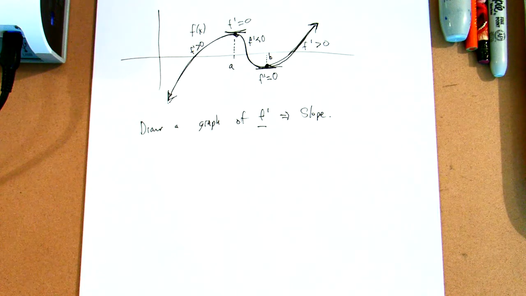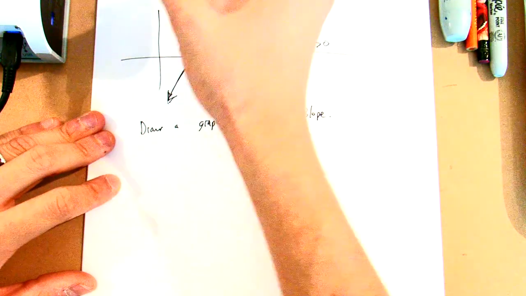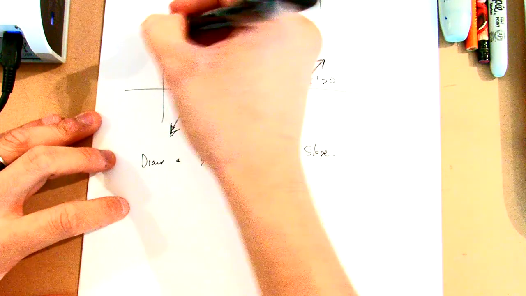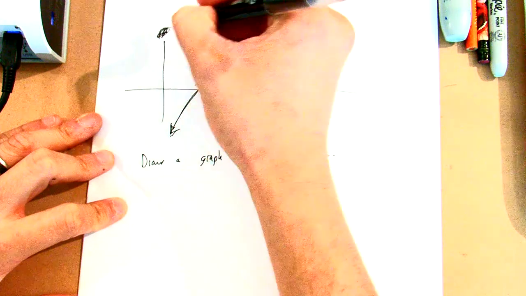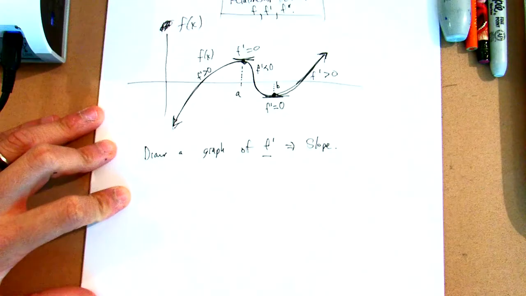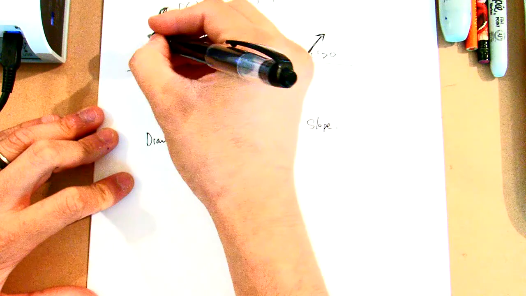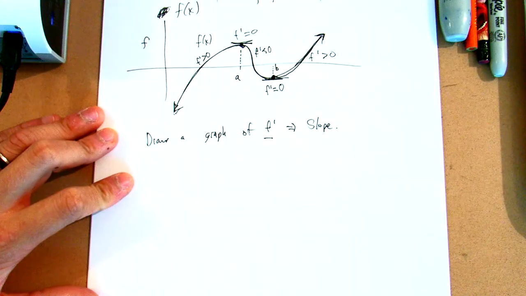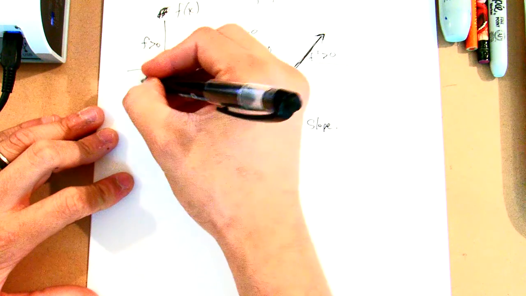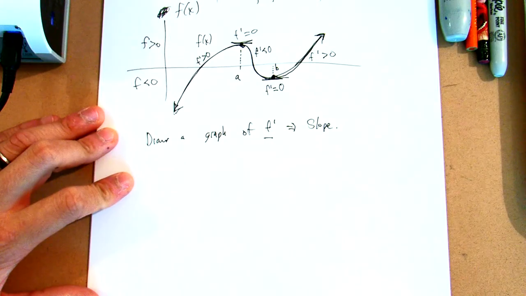Okay? So notice, this is the graph here of f, f of x. So all of the values here are f. Here, f is greater than 0. Here, f is less than 0. So now we're going to draw the graph of f prime.